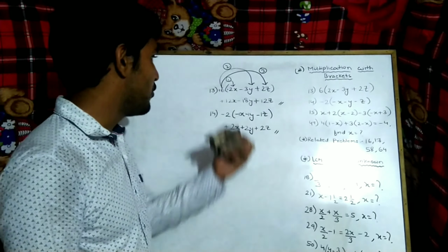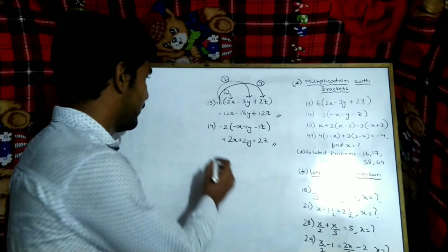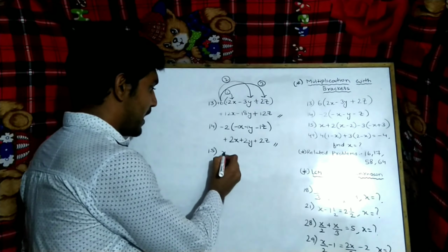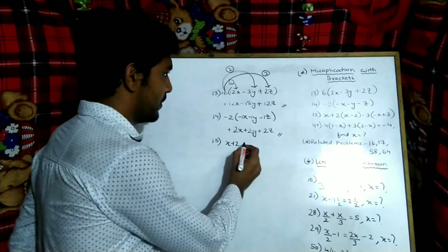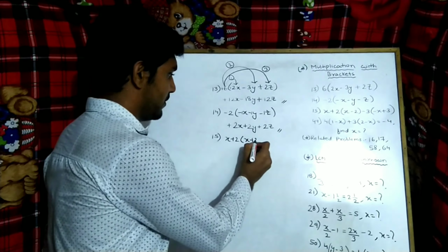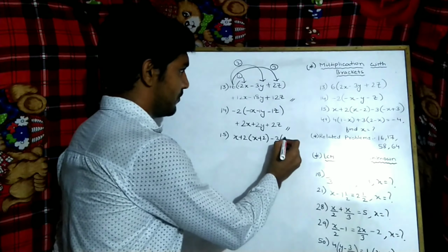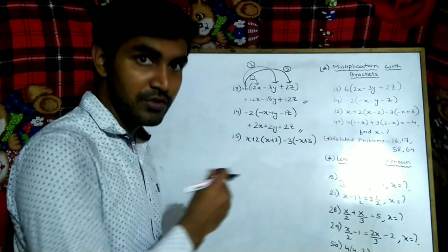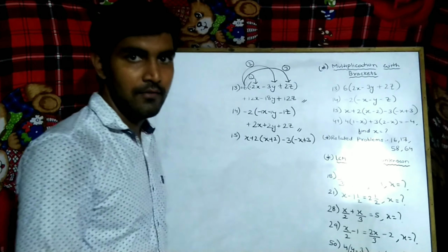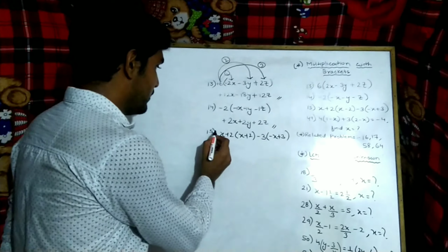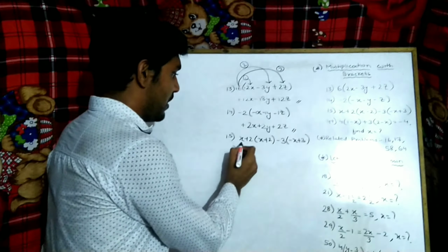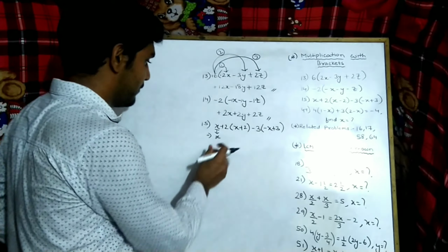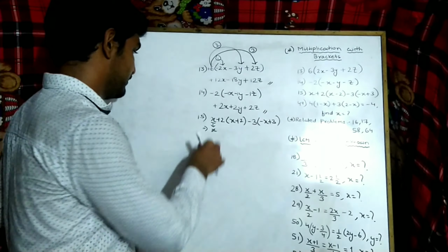I hope you understood how to solve this type of problem. Now the 15th problem: x plus 2 in bracket. This is the question. We have to just simplify the equation. Now see, I will write the first x as it is.